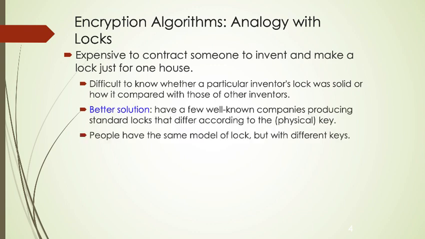A better solution is to have a few well-known, well-respected companies make standard locks that only differ according to the physical key. Then you and your neighbor might have the same model of lock, but your key will open only your lock.